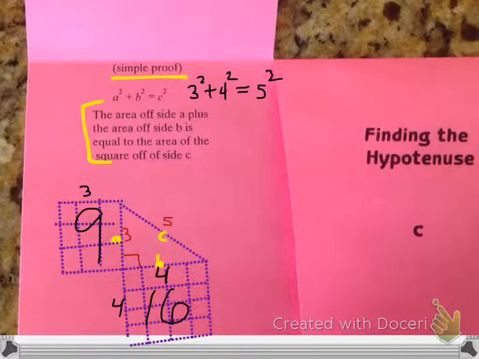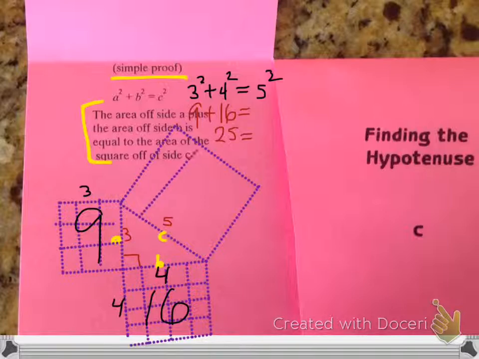And then we got the other side. It should equal 9 plus 16. And 9 plus 16 is 25. So we should have 25 squares here. So let's see, 5 times 5. Ooh, that's pretty ugly.